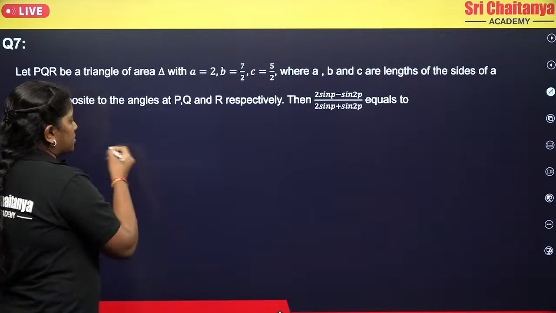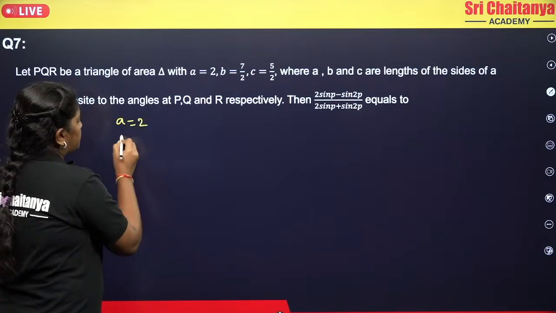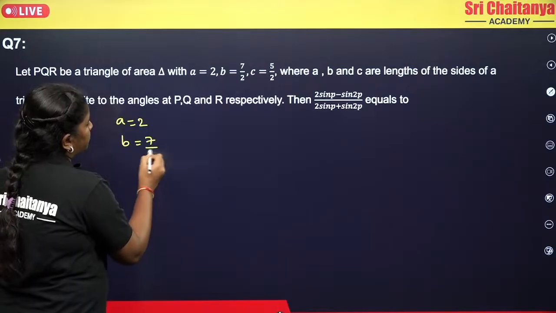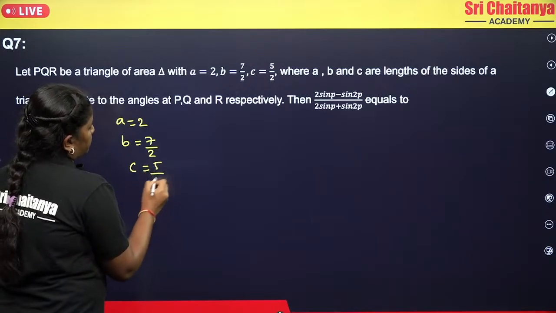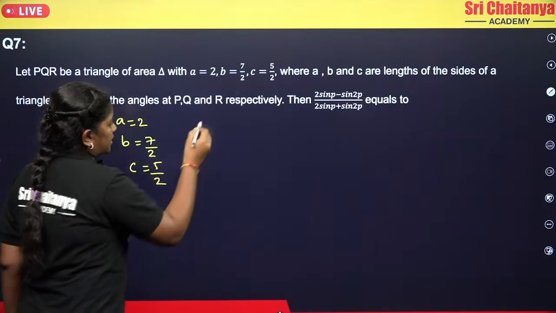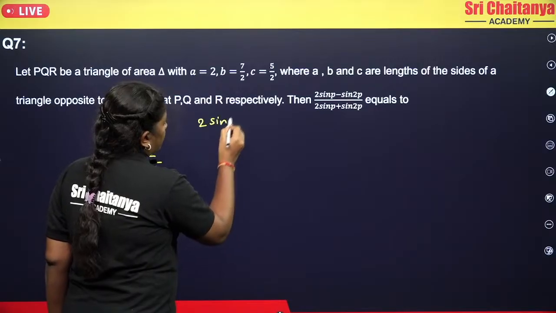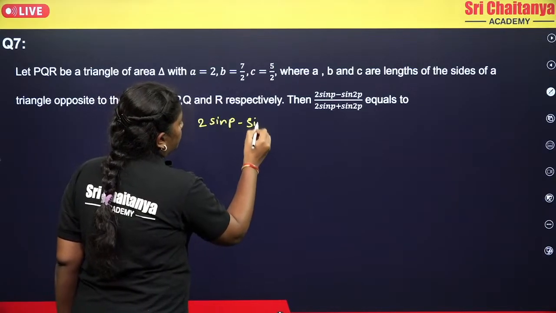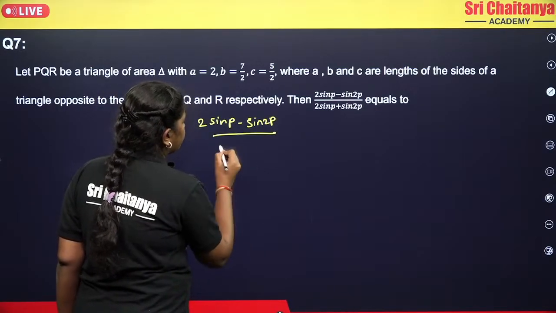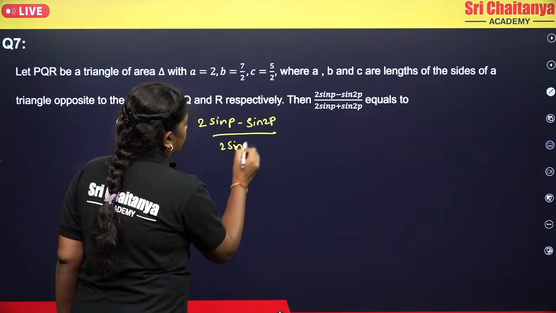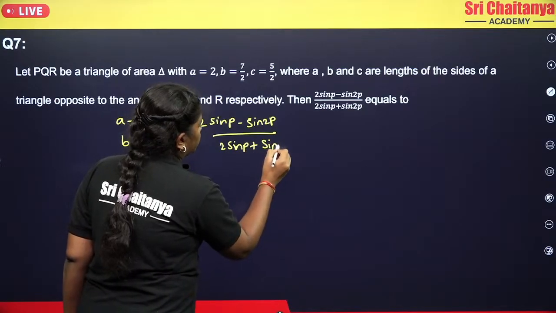So coming here, first of all take the given values: a which is 2, b which is 7 by 2 and c which is 5 by 2. And let's take 2 sin P minus sin 2P by 2 sin P plus sin 2P. Okay.